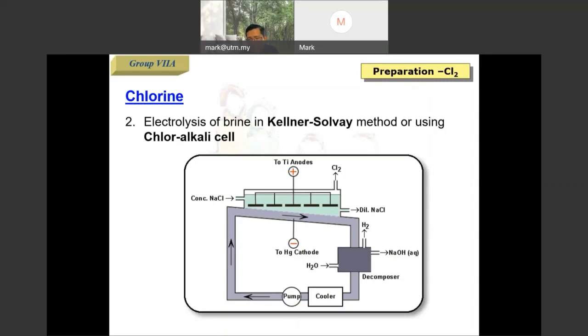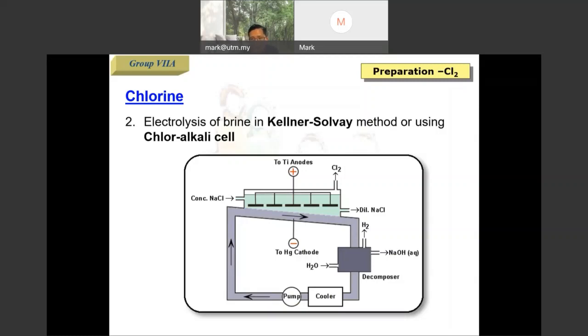Okay, that one uses brine, concentrated sodium chloride in aqueous solution. In between these two cells, the Kellner-Solvay and the chlor-alkali cell, the difference is the electrodes that they use.